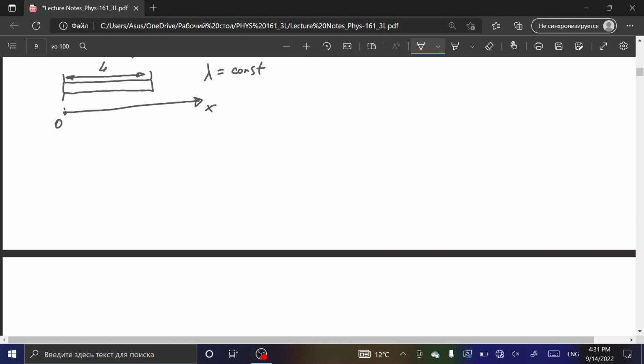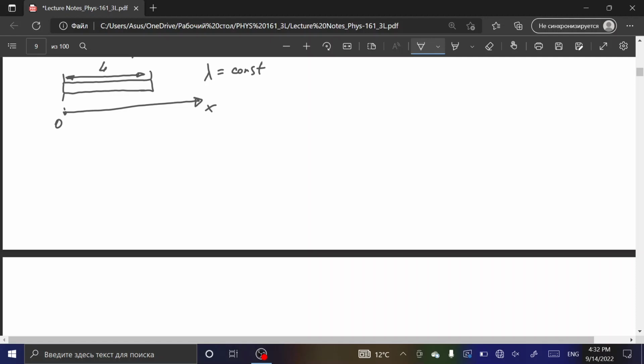So we have a constant distribution of mass along this rod, so it's not a function of position x, and this rod has length L. Any suggestions where the center of mass for this system will be? In the middle, you're right.